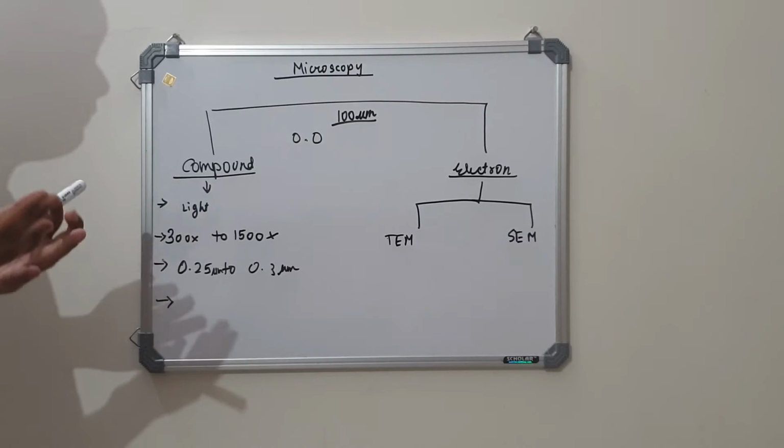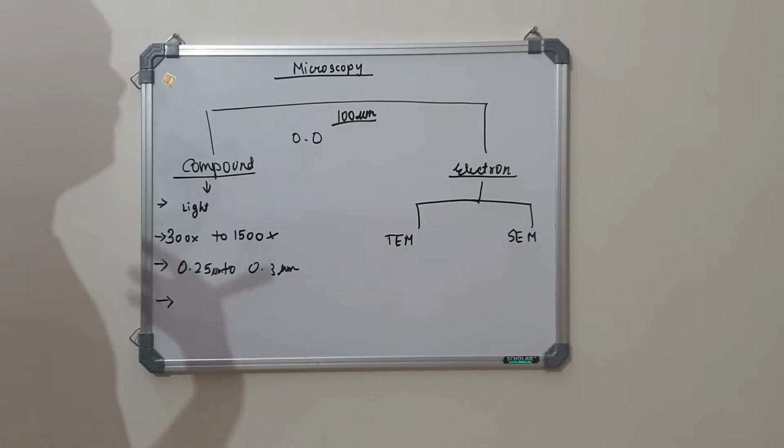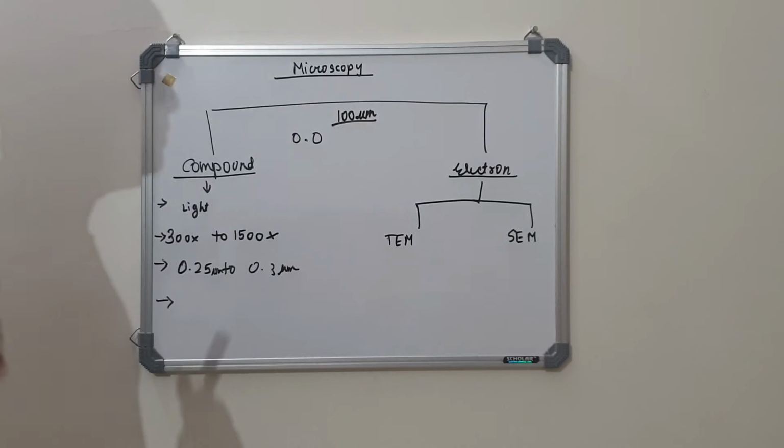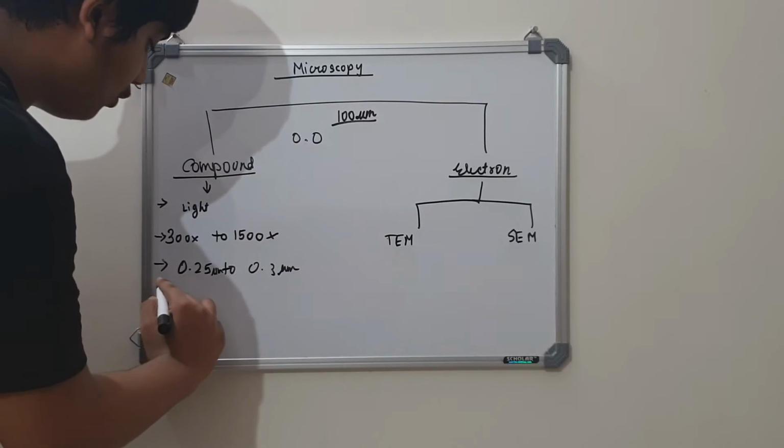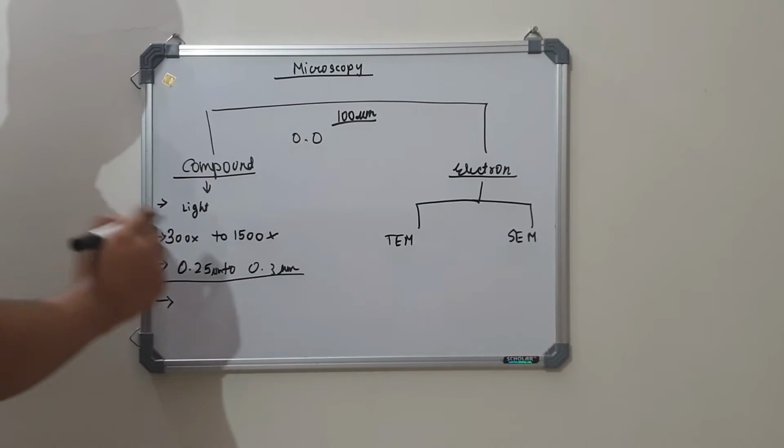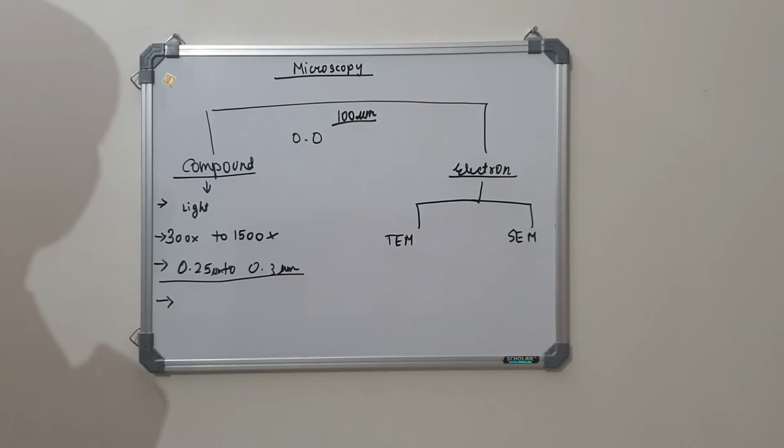Our eyes also have some resolution power, which is 100 microns. For example, if the objects get very close, the eyes lose the capability to see them as different. This is known as resolution power. The resolution power of the compound microscope is 0.25 micron to 0.3 microns.